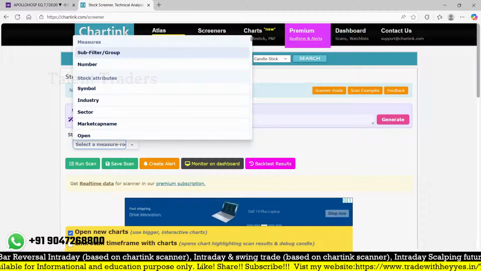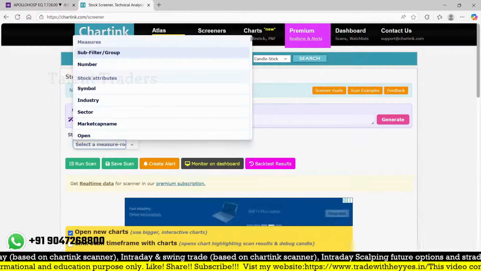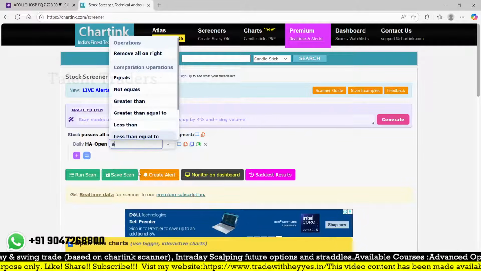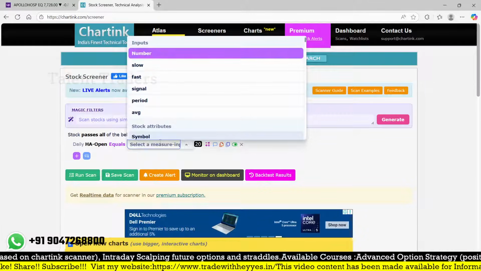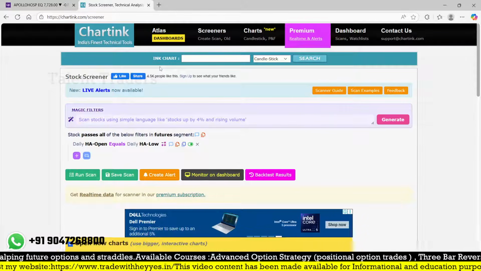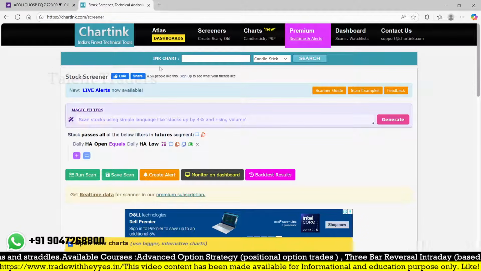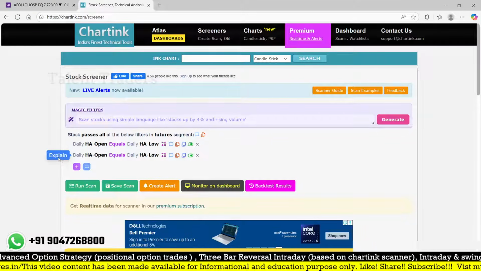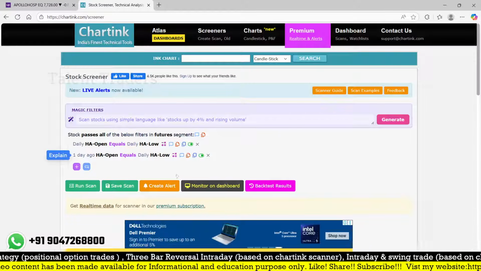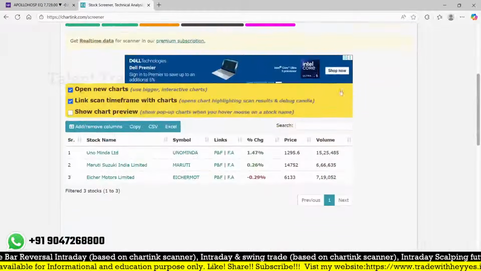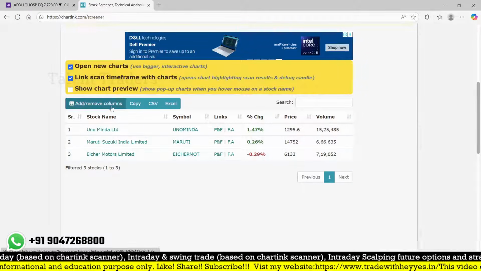In the first condition, today HA open equals HA low. That means we are deriving open low, but if needed you can also mention HA close greater than HA open. First we will create this one. This is one more day, 1 day ago.